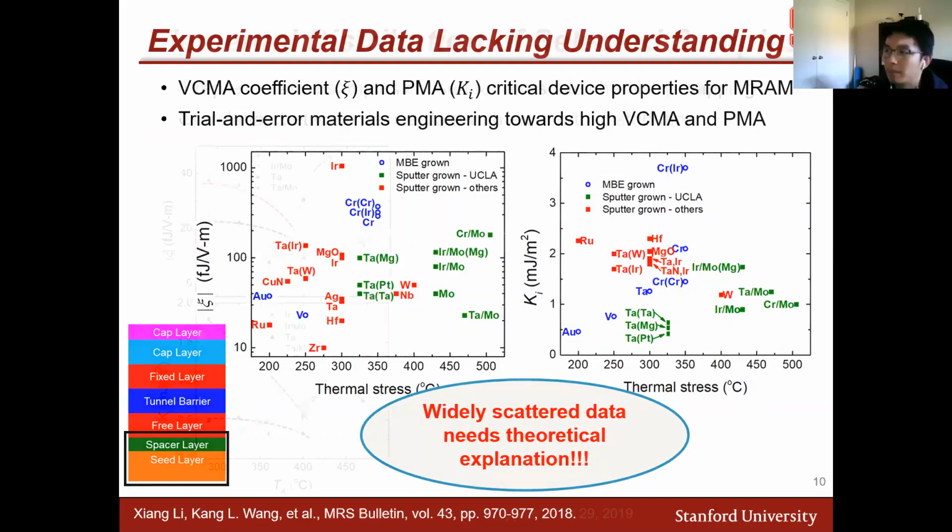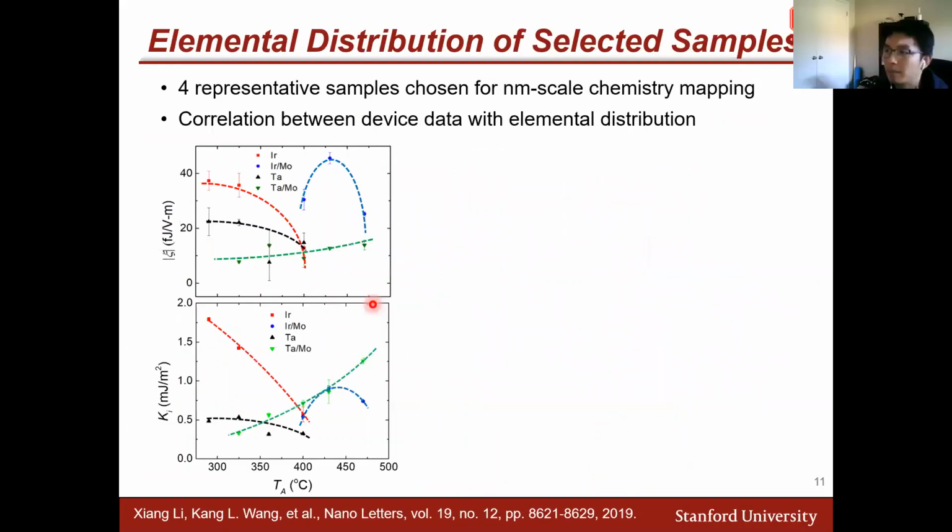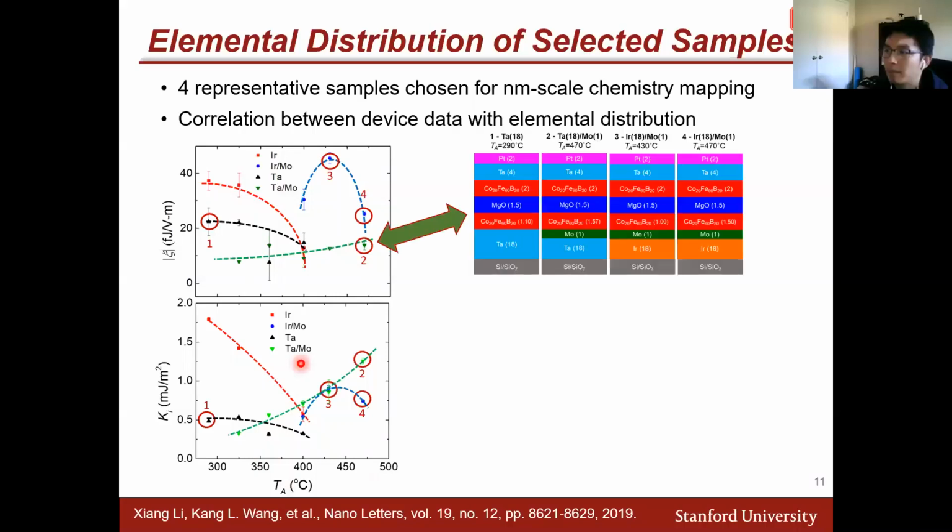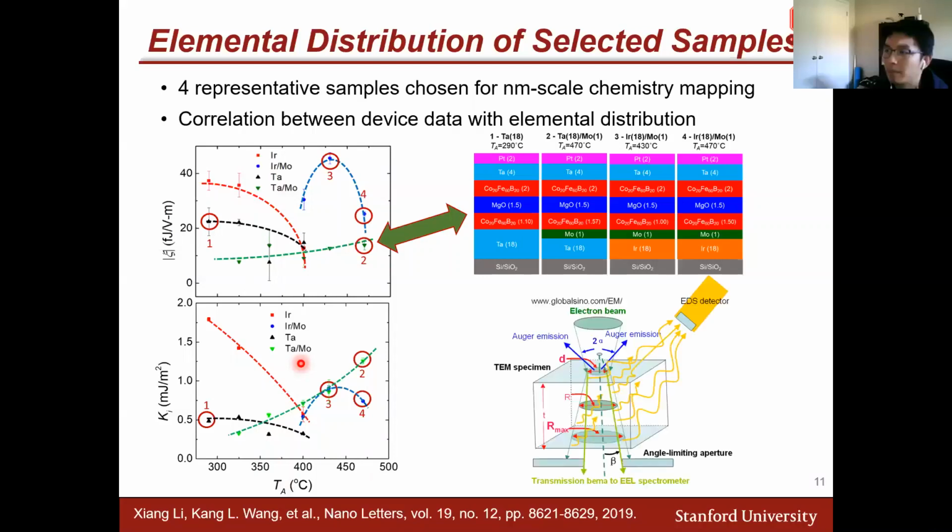So what we did here is we designed a stack with 4 different seed and base layers as shown here, and we can also see this wide range of data points, and we selected 4 devices here. The stack is shown here, and our approach was a very careful analysis of the atomic structure and elemental distribution enabled by EDS and TEM.